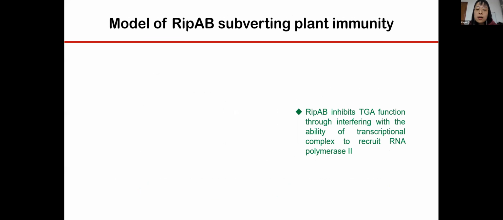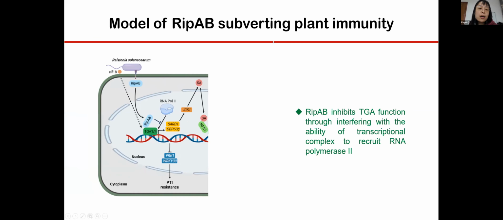So based on the above results, we summarize the working model here. The Ralstonia type III effector RipAB is secreted by the type III secretion system into the plant cell and translocated into the nucleus.